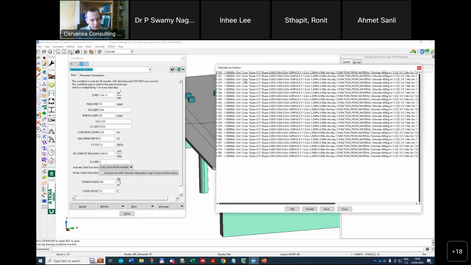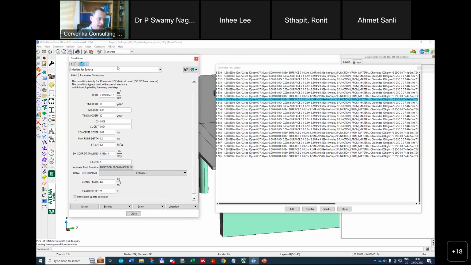A useful feature here is to click on the condition and use this transfer button, and then GID automatically transfers this condition to this window. Okay. And in here, I can easily review what's defined.